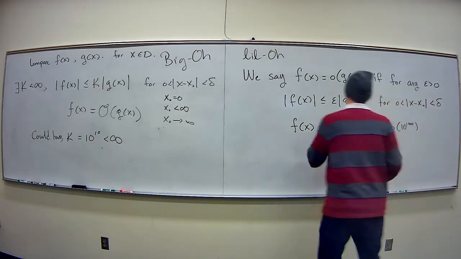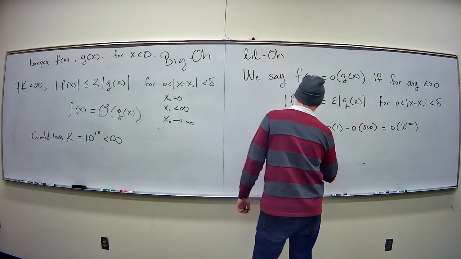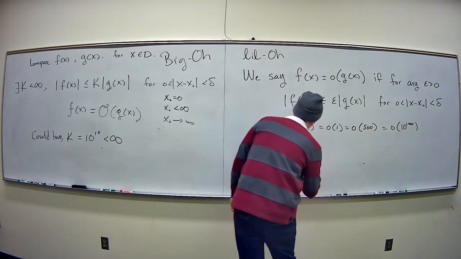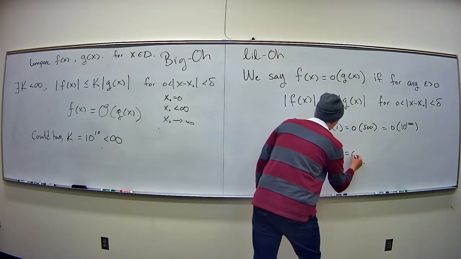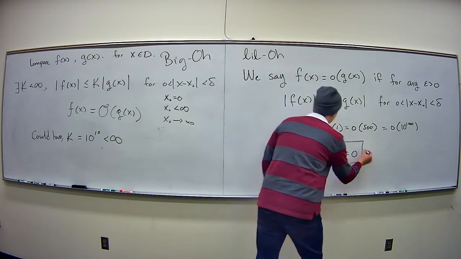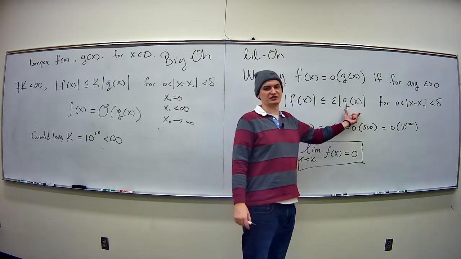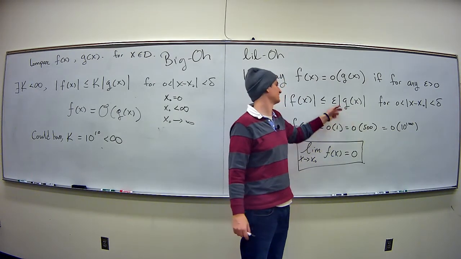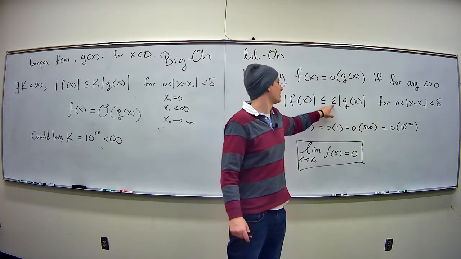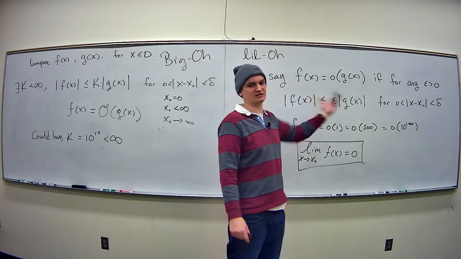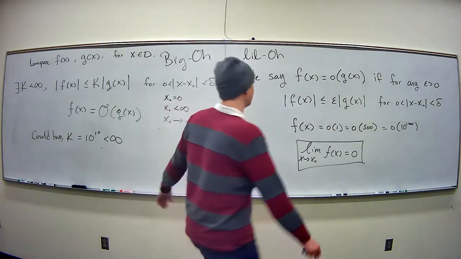So a function that is little o of order 1 is little o of any constant. You can see that just by this definition. If this number is just some constant value, however big it is, but this definition still holds, that means I don't really care how large that number is. There's always some number, however small, for which this must be true. Well, that means that this value has to be going to 0.